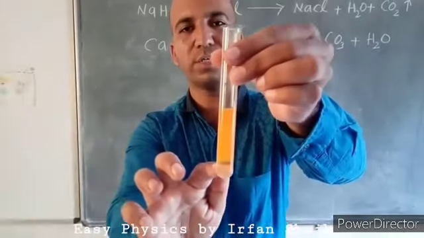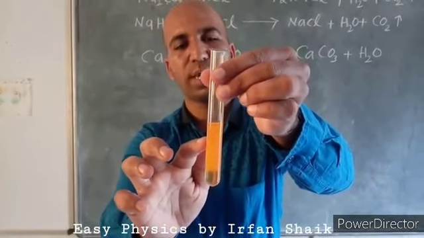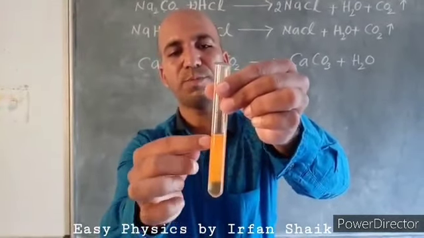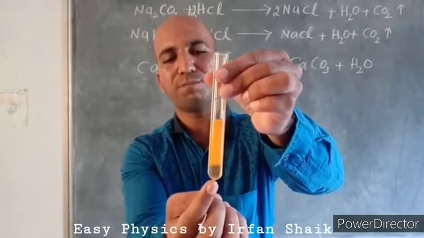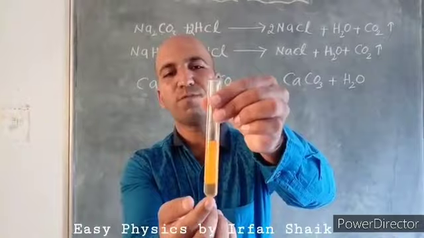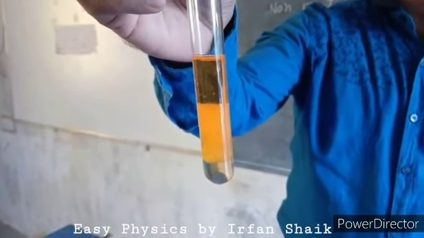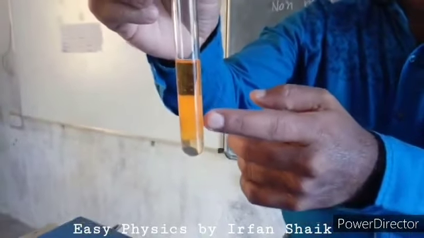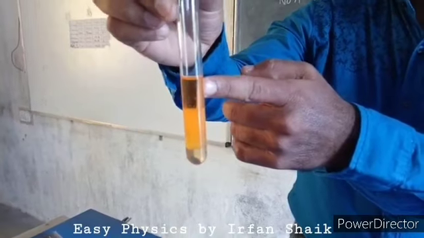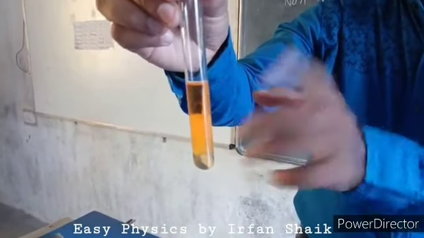To this sodium hydroxide, we have added a few drops of hydrochloric acid. Then in this test tube, a salt has been formed, and you can also observe water at the bottom of the test tube. Here you can find the salt precipitate, and here you can find the water. So in this neutralization reaction, salt plus water has been formed.